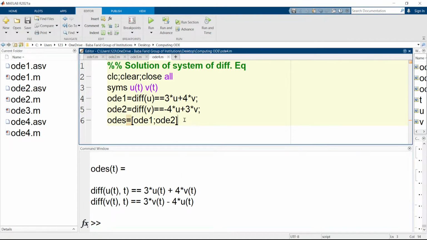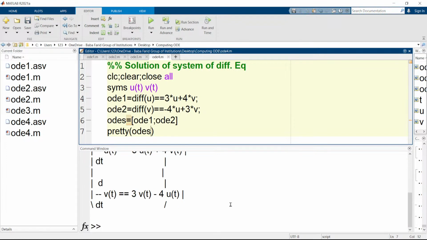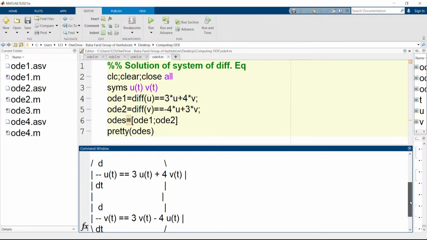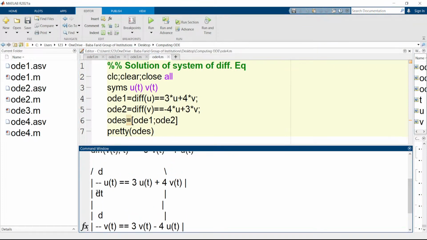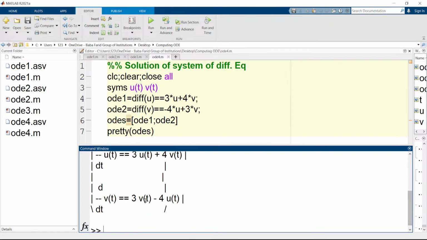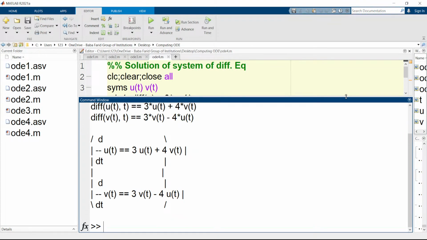Here also you can use pretty. You know the pretty function? I think you know about the pretty function. See what happens when I use the pretty function. So d upon dt u(t) is equal to 3u(t) plus 4v(t), and this is the second equation. By using the pretty function, we have the equations in this form.